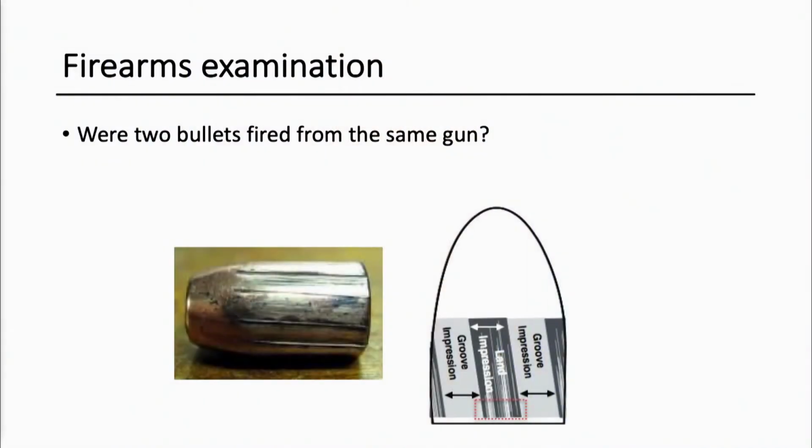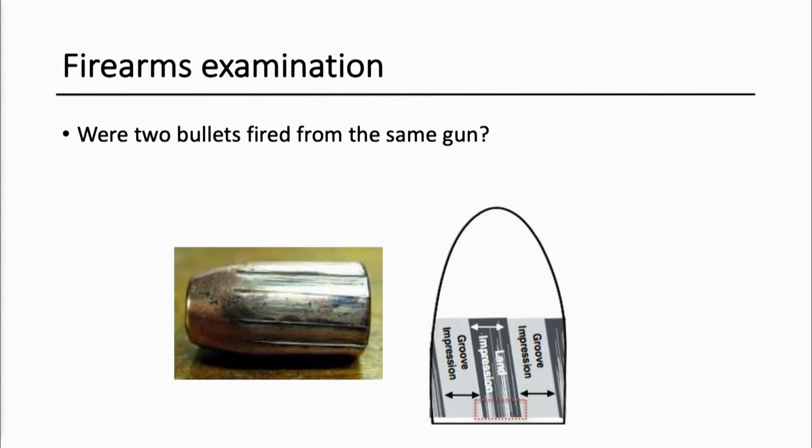I am going to talk from now on about the specific case of firearms examination. Again, a topic I know you probably know a whole lot about. I am showing you there a bullet. Now, bullet is where we think when we talk about firearms. It turns out that the bullet is just the projectile that is expelled from the barrel of the firearm when it is fired.